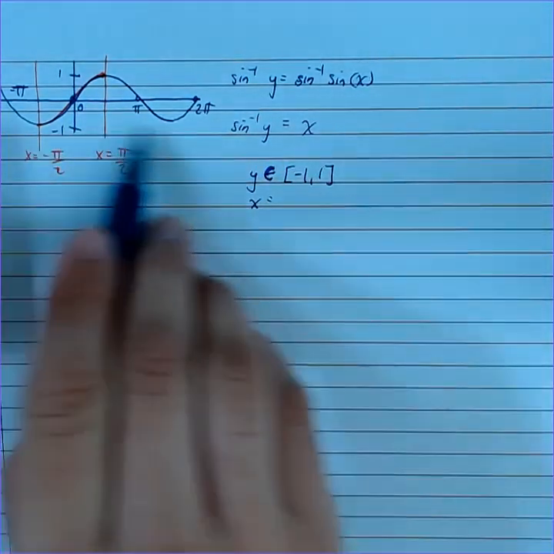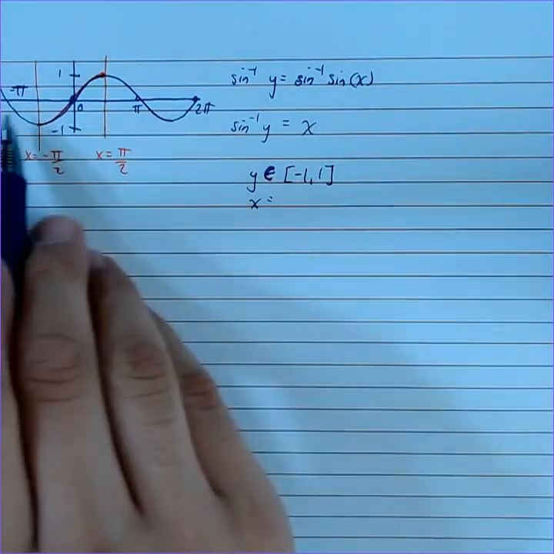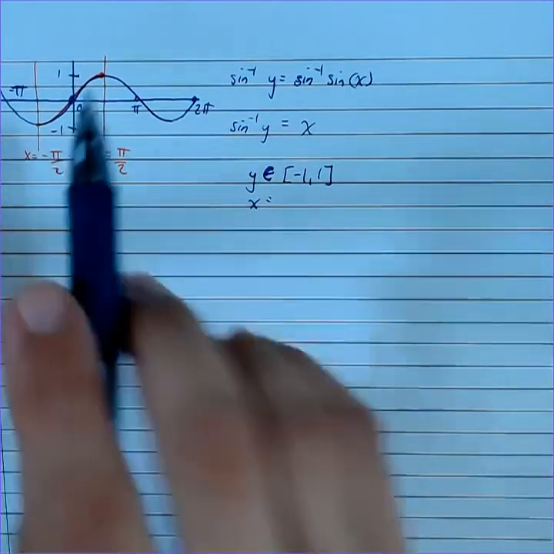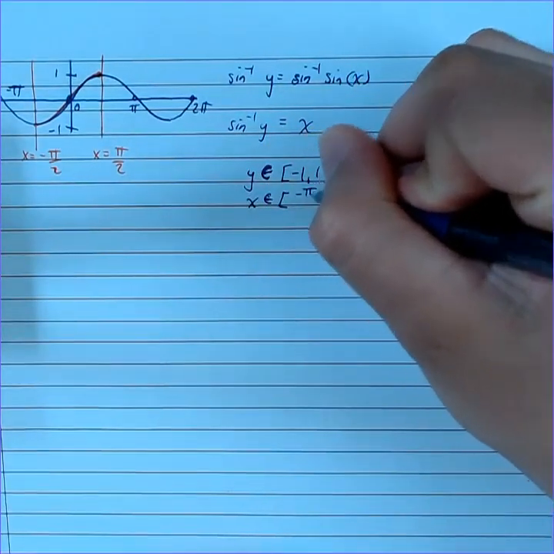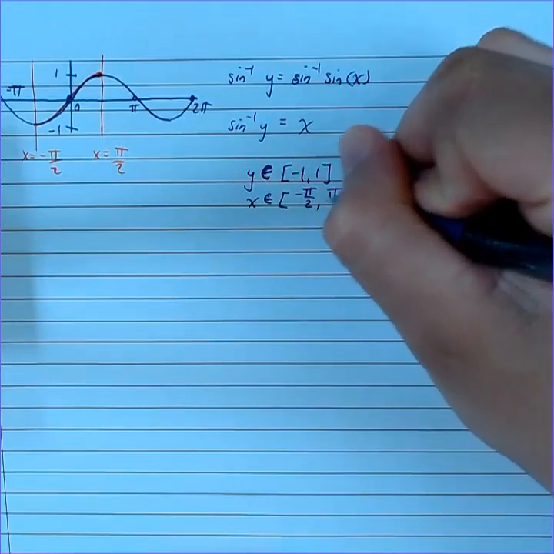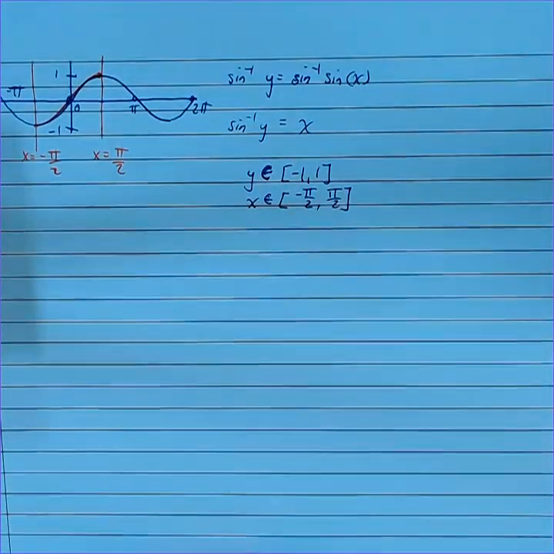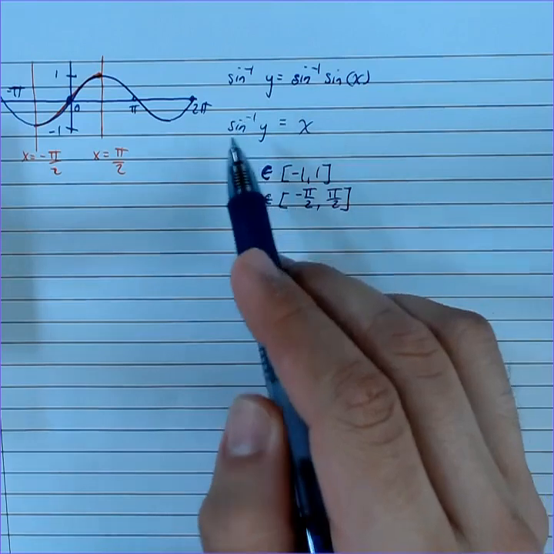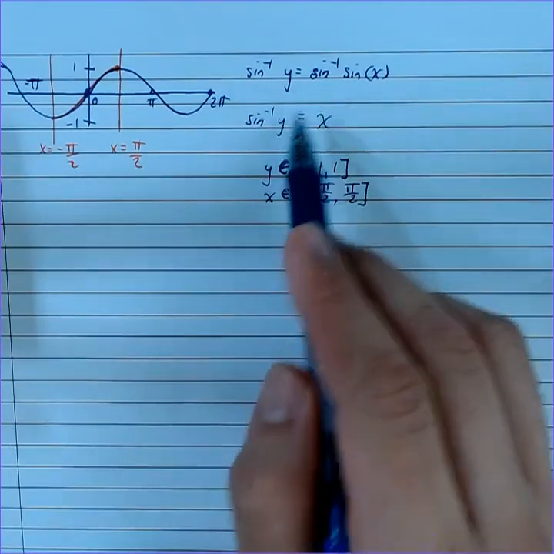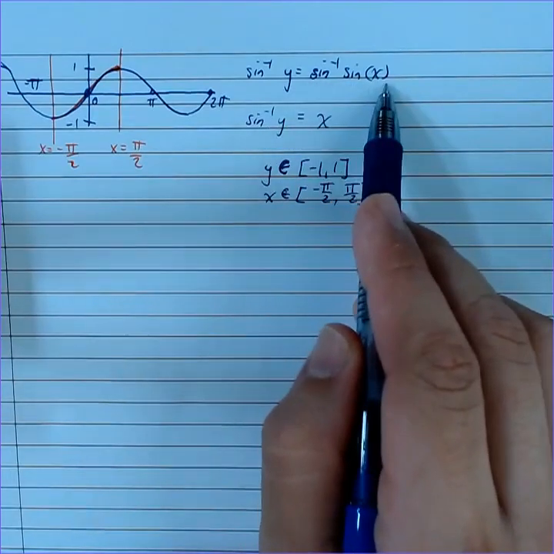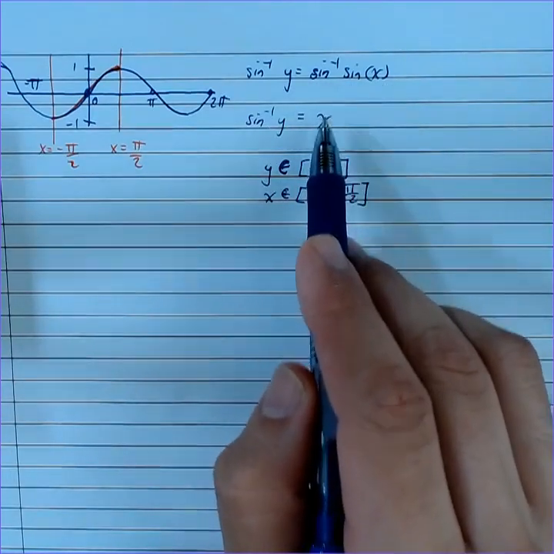And you say, well, that's all real numbers. Well, that's the domain of the original sine function, but we restricted it to negative pi over 2 to positive pi over 2. So x is an element of this interval from negative pi over 2 to positive pi over 2. So here we define the inverse trig function, in this case the inverse sine function, as the operation that, when composed with the sine of x, gives you just x.